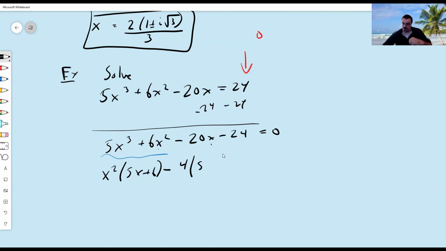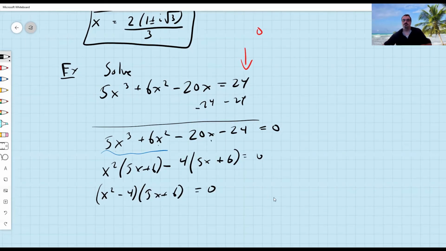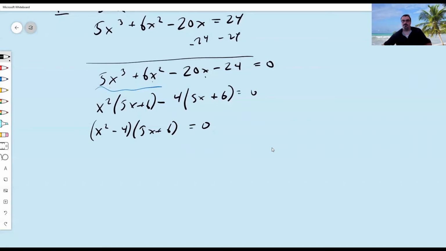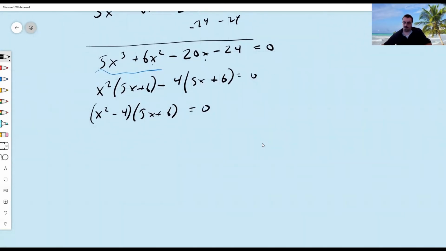So it'll be 5x plus 6 equals 0, or x squared minus 4 times 5x plus 6 equals 0. x squared minus 4 is x squared minus 2 squared, so it's a difference of squares. So x plus 2, x minus 2, 5x plus 6 equals 0.